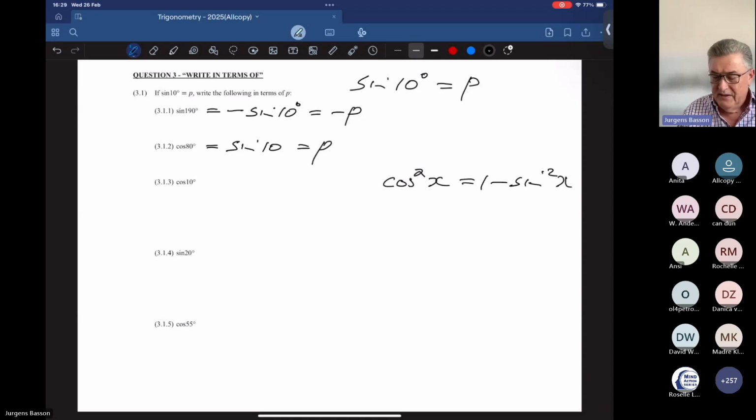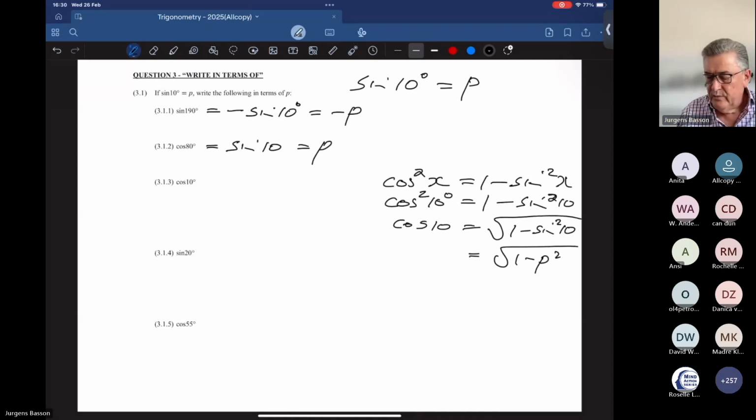Can you see this one? Cos changed to sine. So let me show you. It's cos squared 10 is 1 minus sine squared 10. So what is the cos of 10? It's the square root of 1 minus p squared.